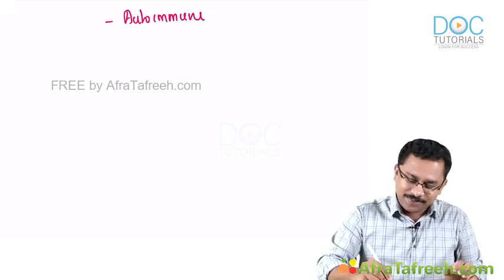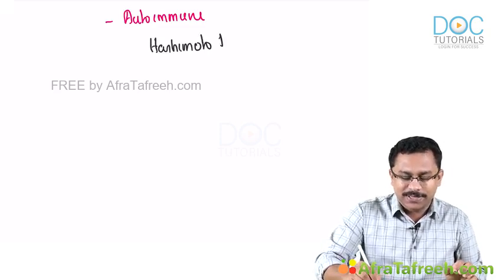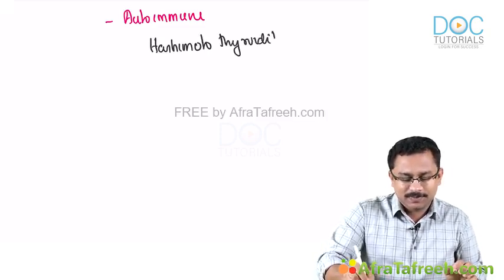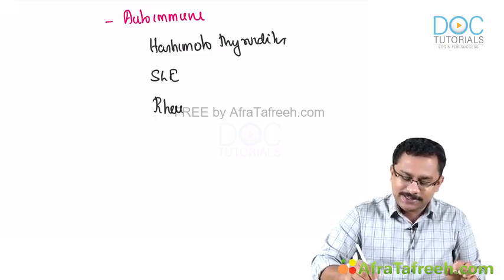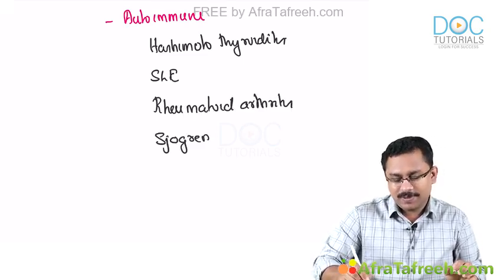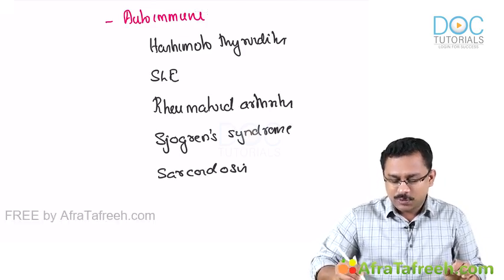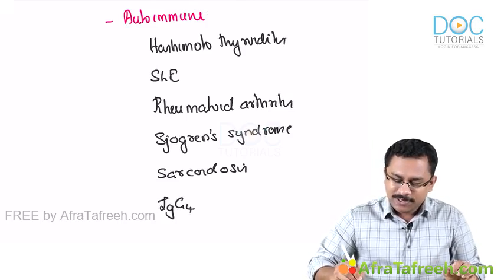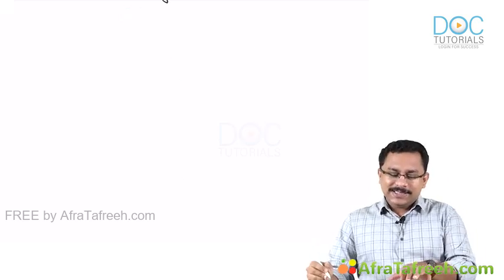You can have Hashimoto thyroiditis, SLE, rheumatoid arthritis, Sjogren's syndrome, sarcoidosis, and also IgG4 related disorders. Okay. So this is the list of conditions that can produce a secondary membranous nephropathy.